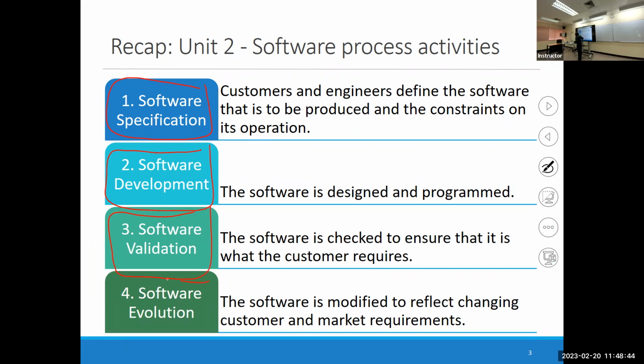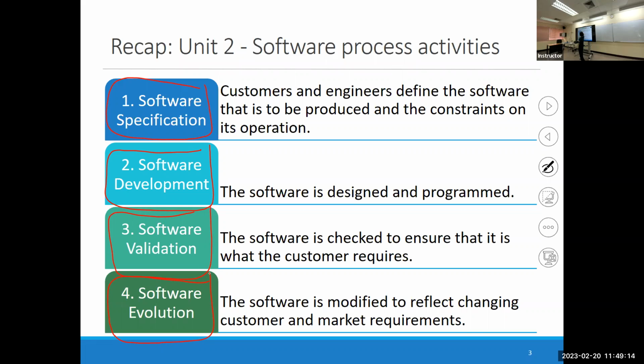I want you to really have a big picture of everything. The key activities of the software and information system process include identifying the requirements through a set of activities called software specification. We need to define the specification.